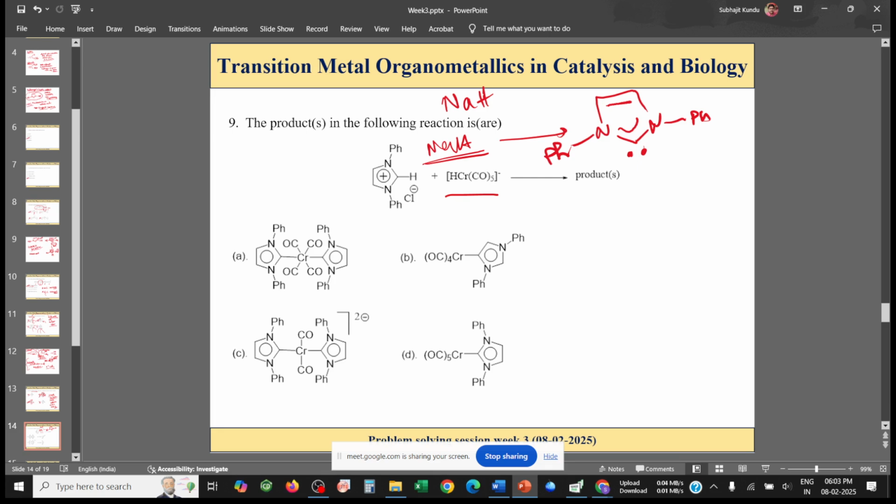Now we are giving another reagent, which is this complex. Now what will happen? This is a very important reaction.